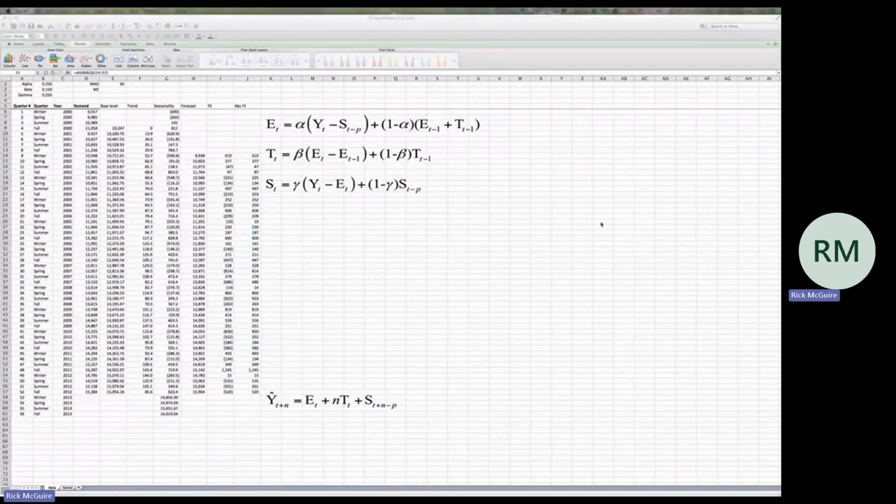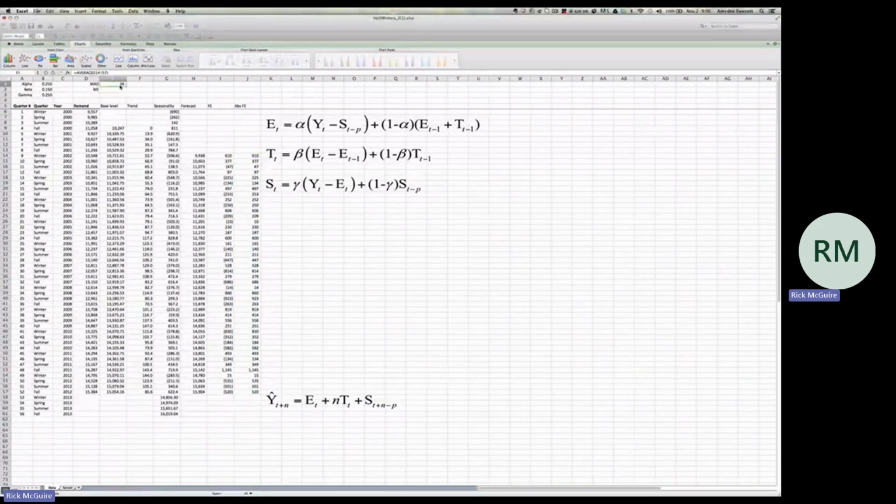So I'm going to go ahead and calculate the mean absolute deviation, which you recall is simply the average of all the absolute forecast errors. And I'll calculate the mean error, which is the average of all the nominal forecast errors.